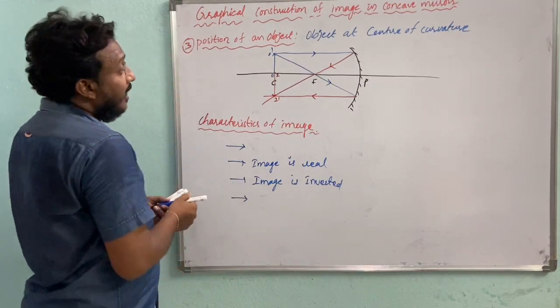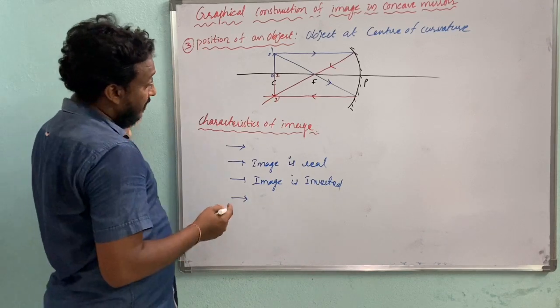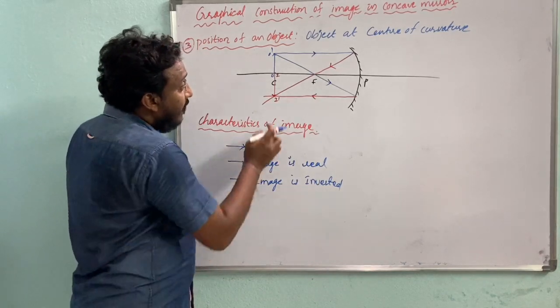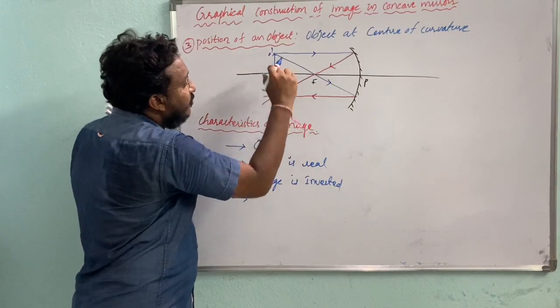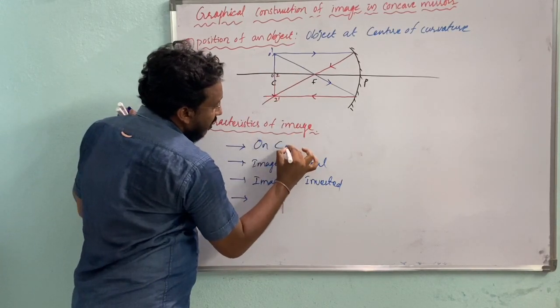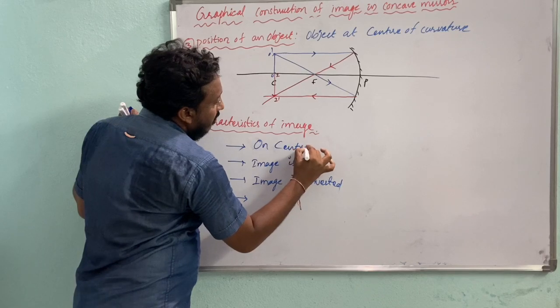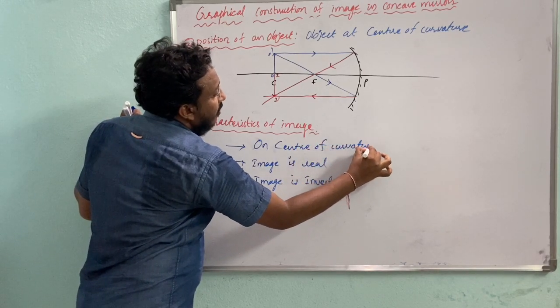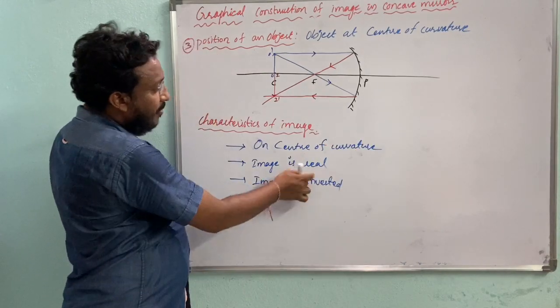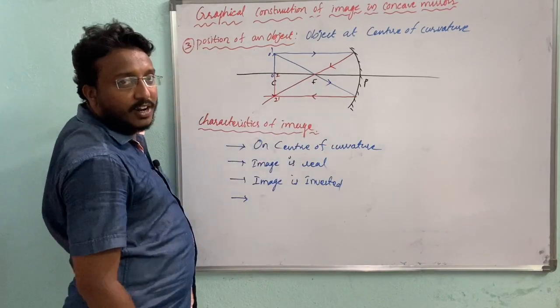Then next, characteristics of the image. Where is it formed? On C, isn't it? The image is formed on C only, on the center of curvature. Next, the image is real. Why? Because it is formed in front of the mirror.